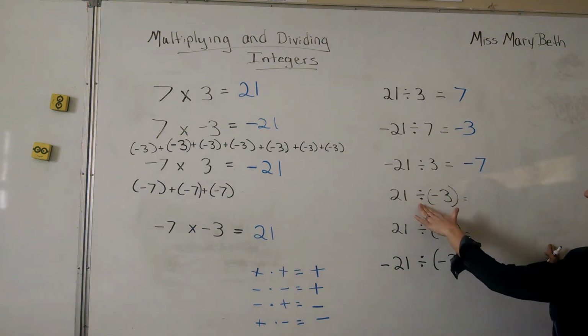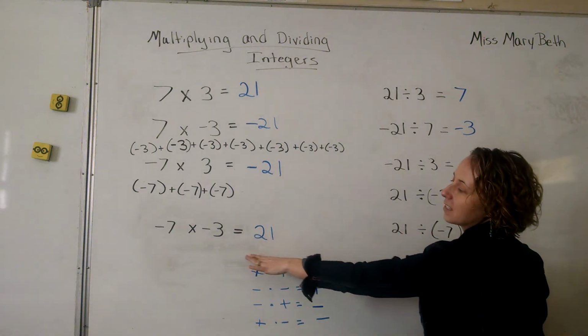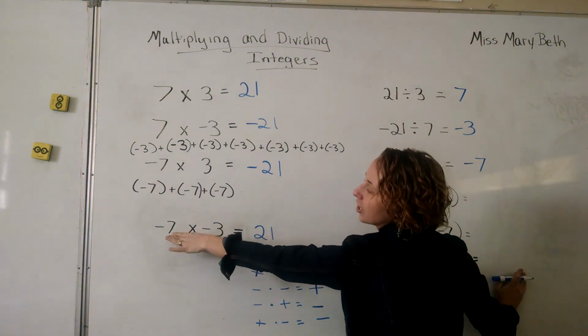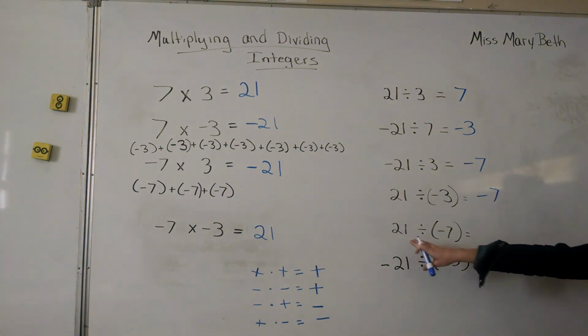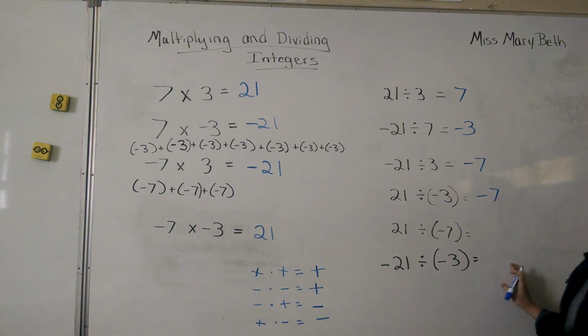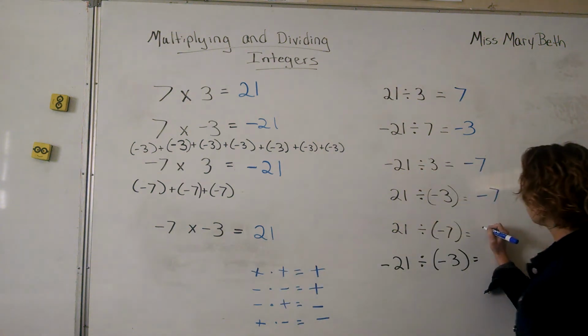What if I have 21 divided by negative 3? I should get negative 7. What if I have 21 divided by negative 7? 21 divided by negative 7 should give me negative 3.